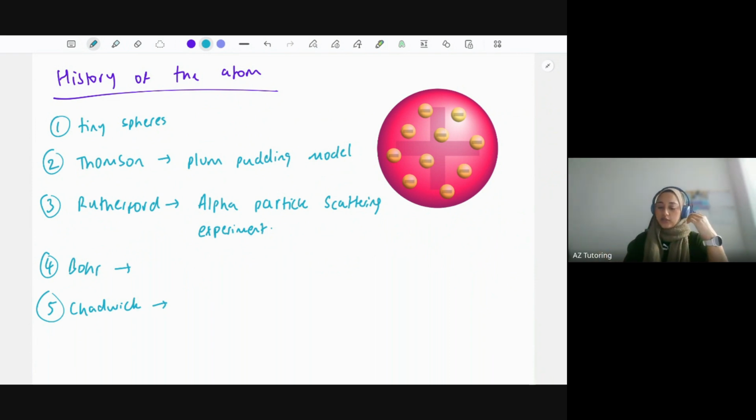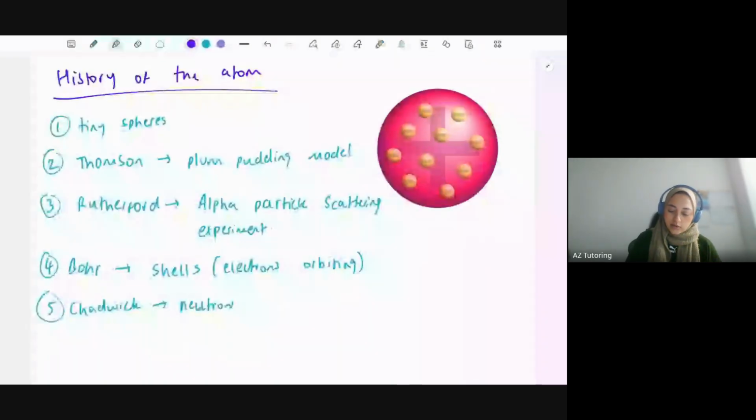So there's multiple shells, which we'll come on to as well. So he came up with the shells, so electrons orbiting. And then finally, the only thing that's missing is the neutrons, and that's where Chadwick comes along. So he determined that the nucleus also contains neutrons as well. And then that's the nuclear model that we've got today. So remember each of the scientists' name and how they contributed.